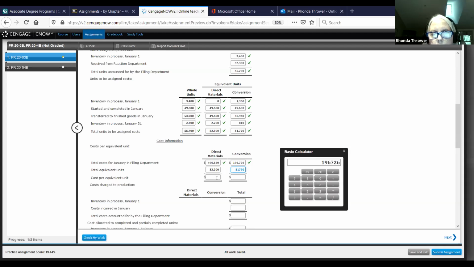What you're going to do is divide your total equivalent units into the total cost of your materials first to get the cost per equivalent unit for materials. So 496,850 is going to be divided by 53,200 units.